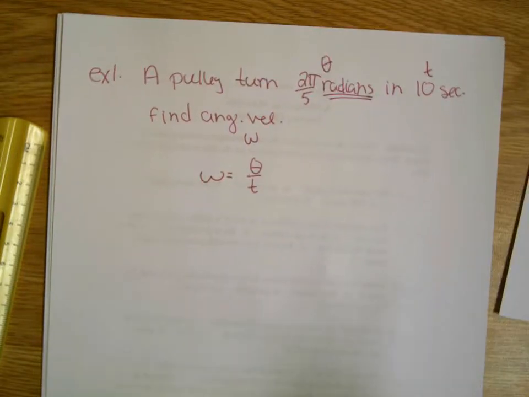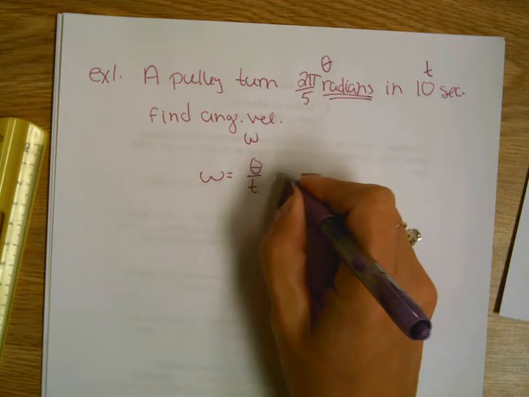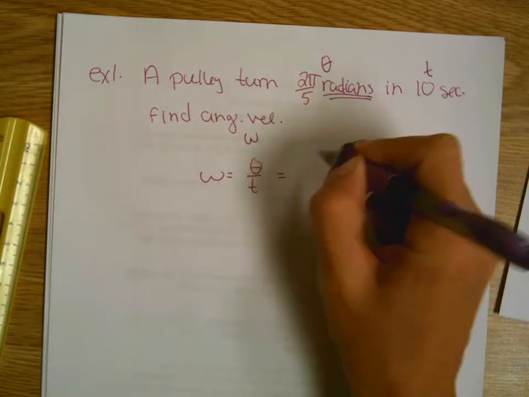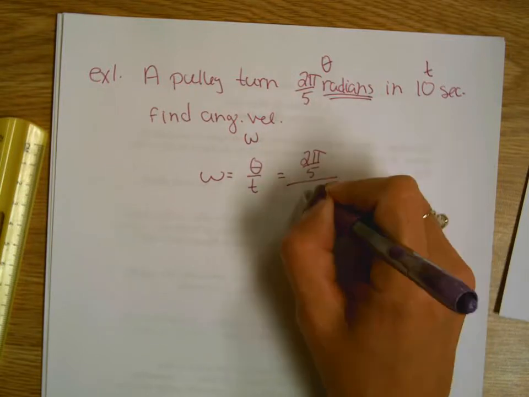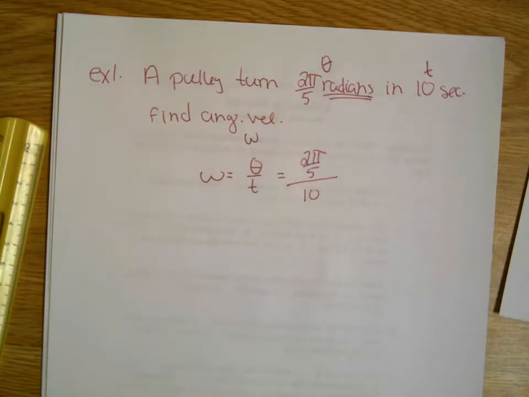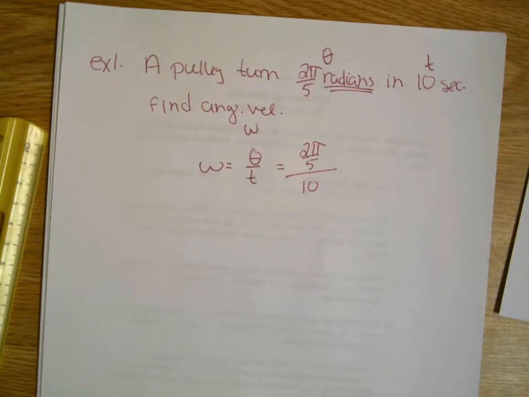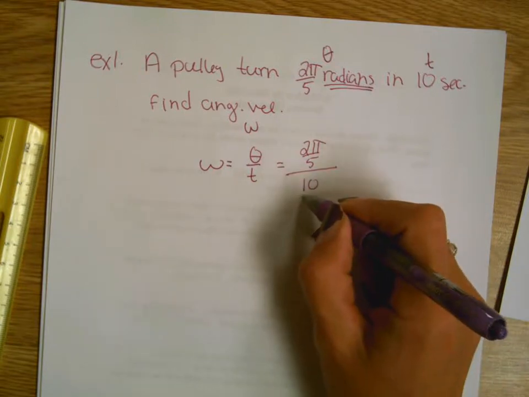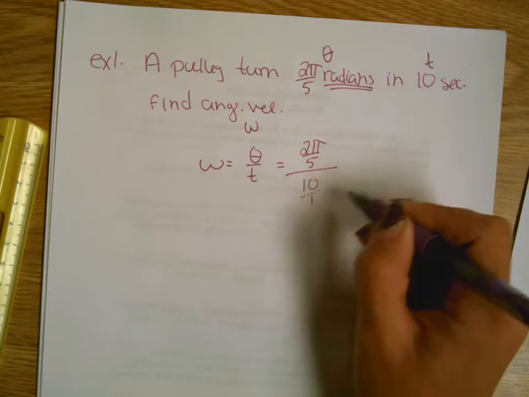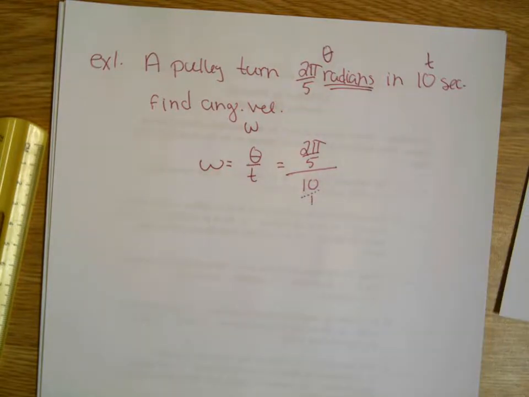We're just going to plug and chug. So all we're doing today is plug and chug. This is the easy one because we don't have to work any backwards here. We got 2 pi over 5 divided by 10. You've got a fraction within a fraction. We're going to stay exact. How do I take a fraction and divide by something that could be a fraction? Multiply by the reciprocal. So see this as a second fraction, and it's just multiplied by the reciprocal.